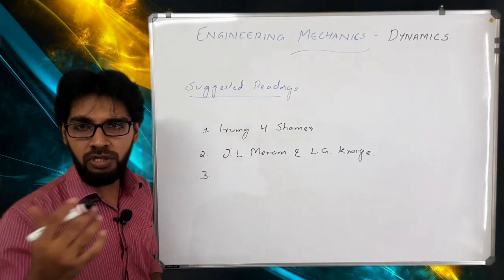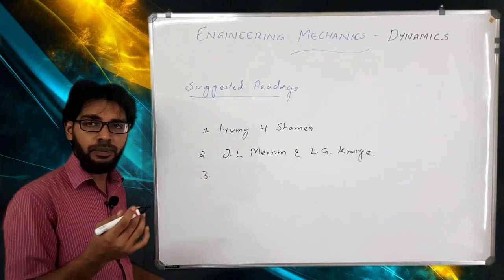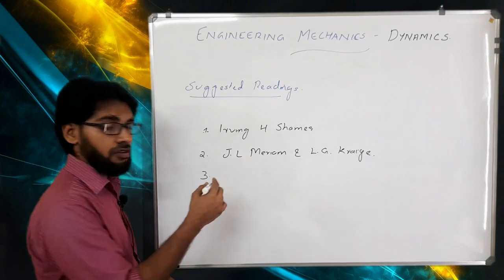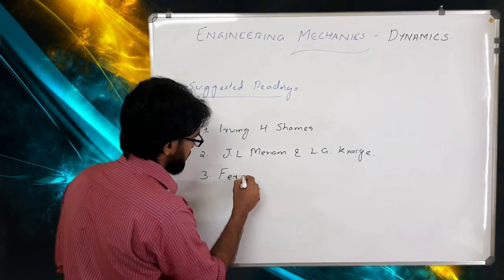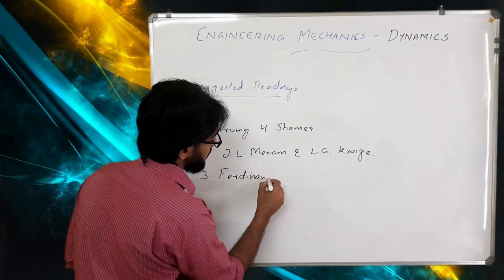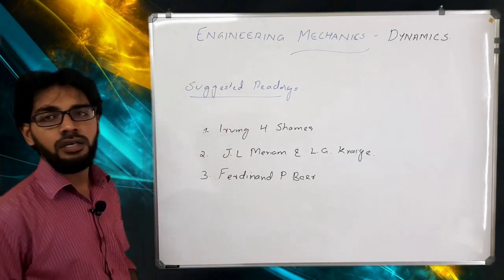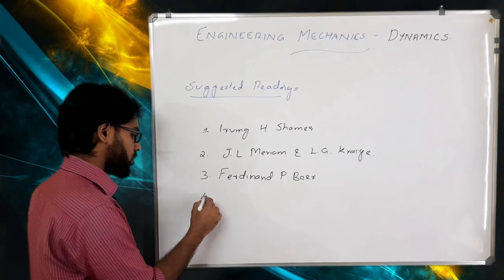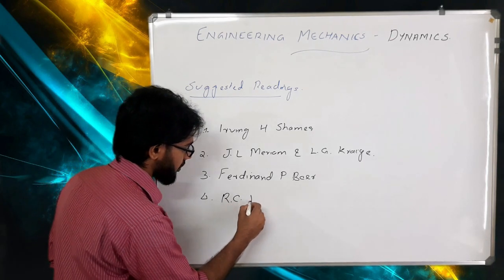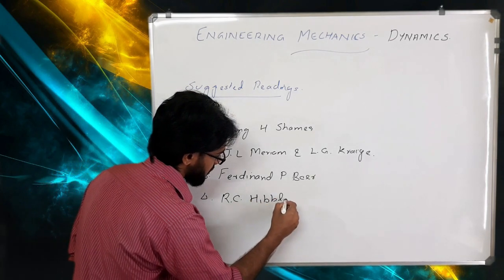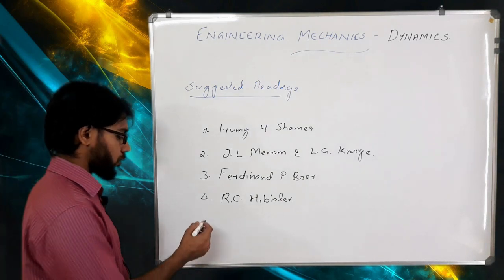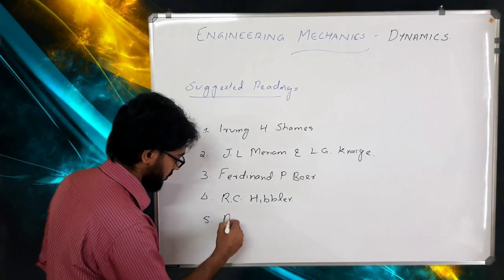Then another book you can refer to is Vector Mechanics for Engineers by Ferdinand P. Beer. One other famous book is the one by R. C. Hibbeler. And then you can also refer to the book by Andrew Pytel.